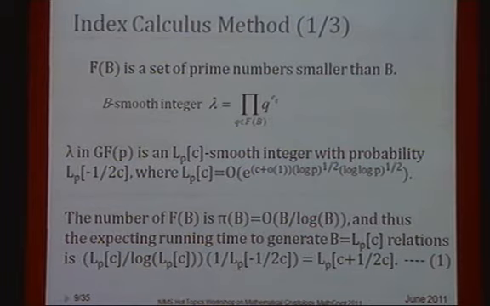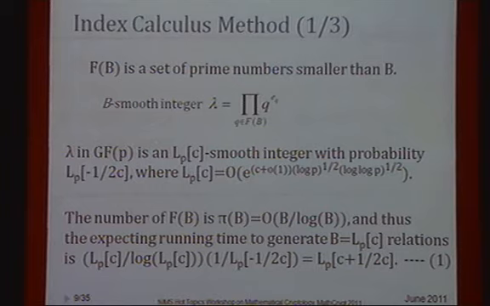The main idea is we prepare a factor base F_p. It is a set of prime numbers smaller than B. For example, B equals 100. Then the factor base F_p contains 2, 3, 5, 7, 11, and so on, up to 100.